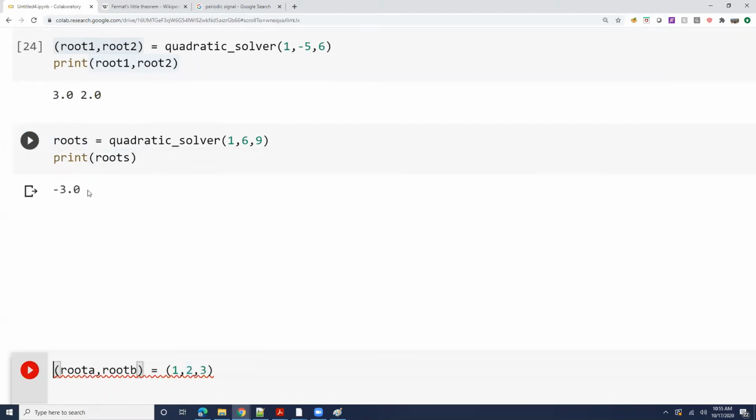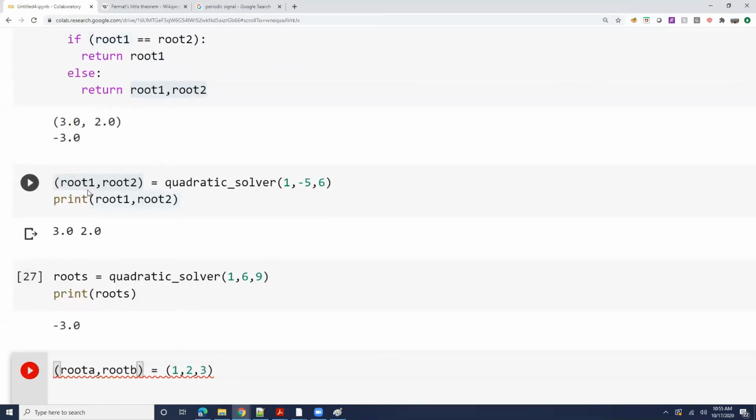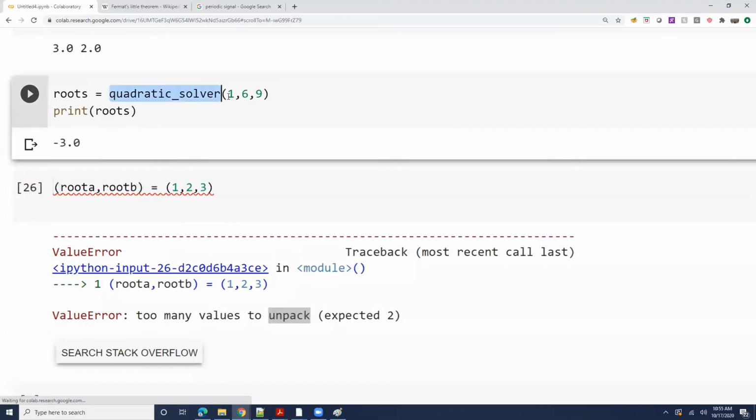The 169 returns just -3 as the root. So it is returning an integer. When I call this quadratic solver with 169, it just returns a single number, -3.